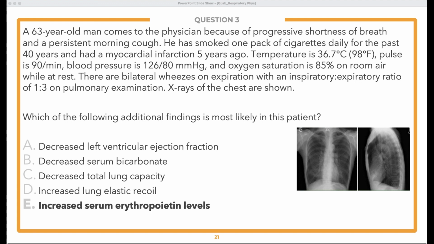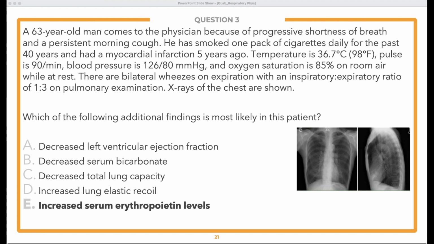Let's look at the options. Option E, increased serum erythropoietin levels. This takes a couple steps to think about. What is erythropoietin? Erythropoietin is our body's mechanism to make more RBCs. Why would our body make more RBCs? Our body makes RBCs to carry oxygen.